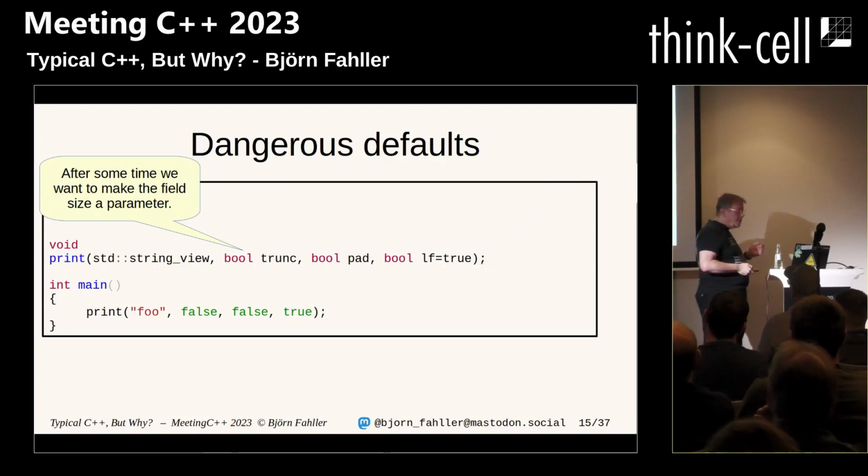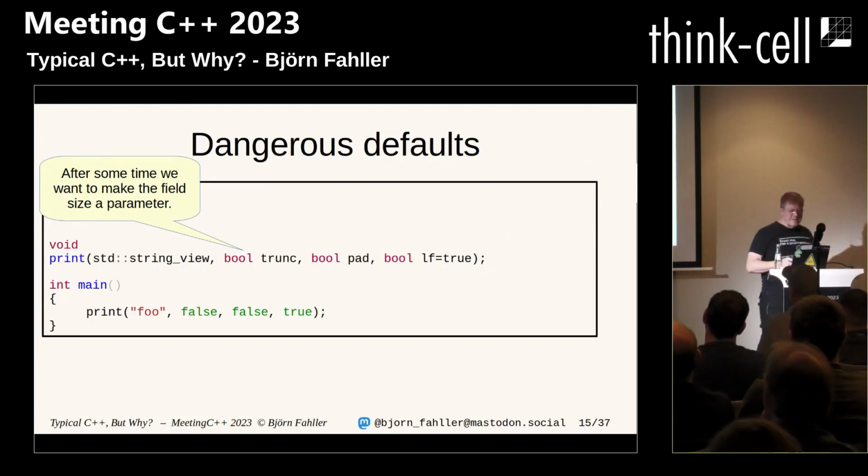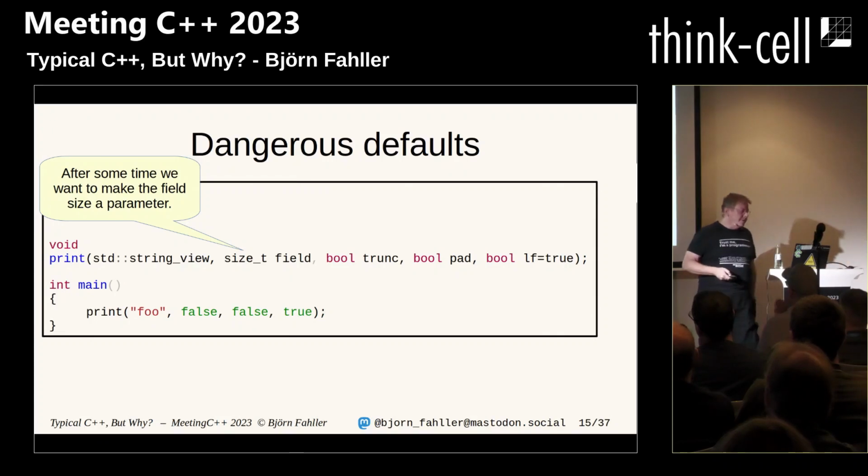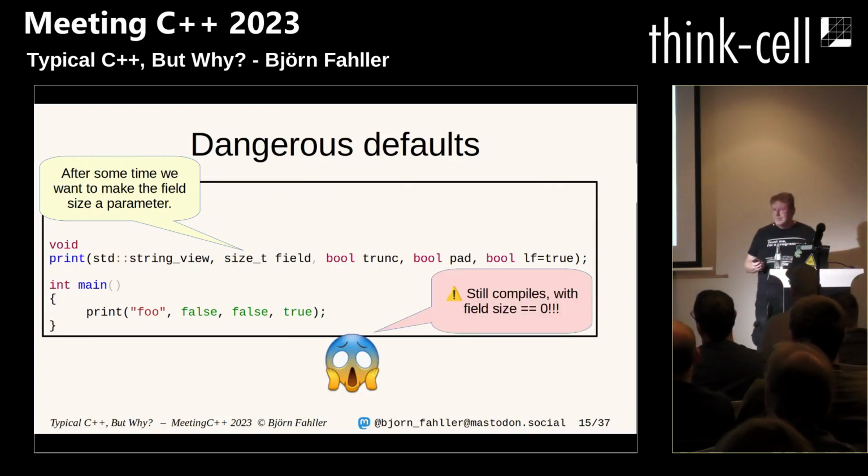But one day someone realizes that this implicit field size that we have is not actually very good. We should always provide a field size for this string. So we add a new parameter there. This compiles.